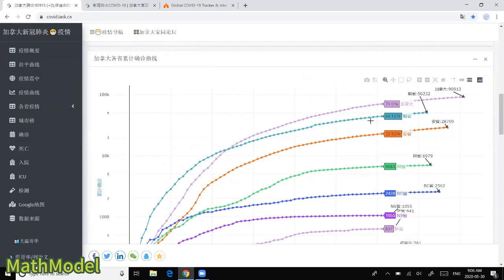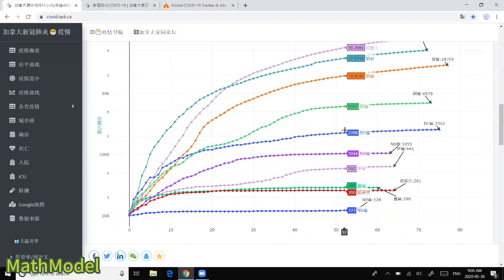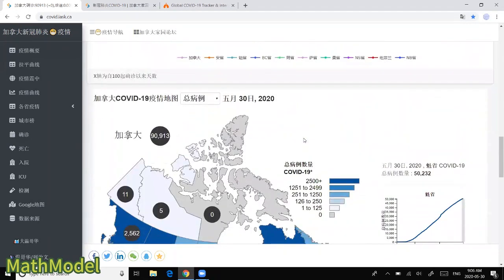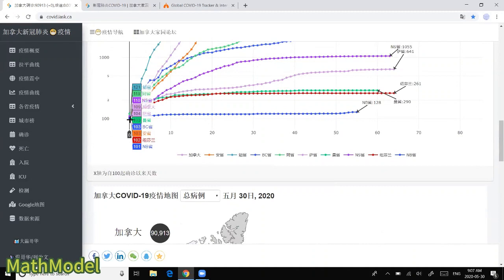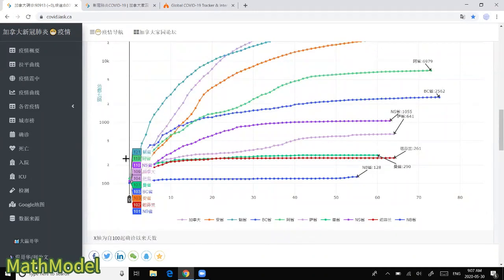This is because we start with different days. And we see here x 轴为自100起确诊为来天数, which means that the 0 day means the first day when each province had more than 100 cases, or country in the case of Canada. So the 0 day of Canada is earlier than the 0 day of Quebec.